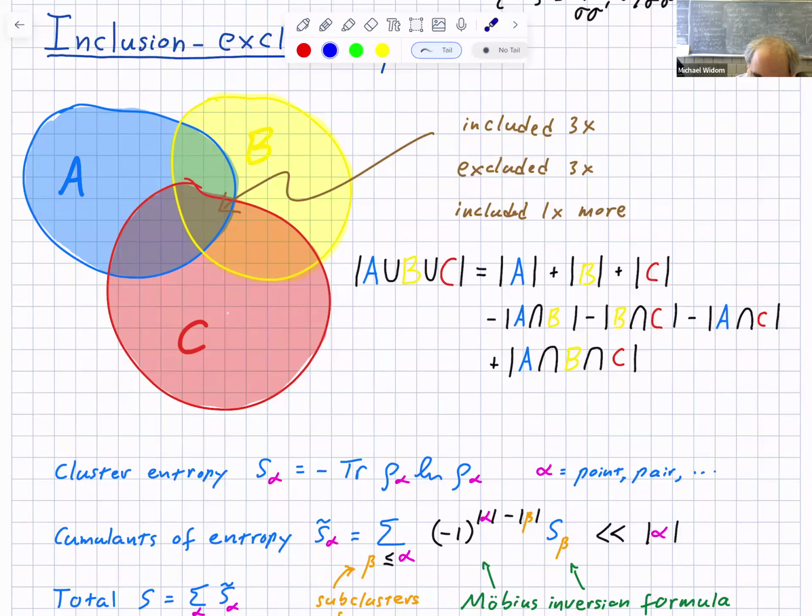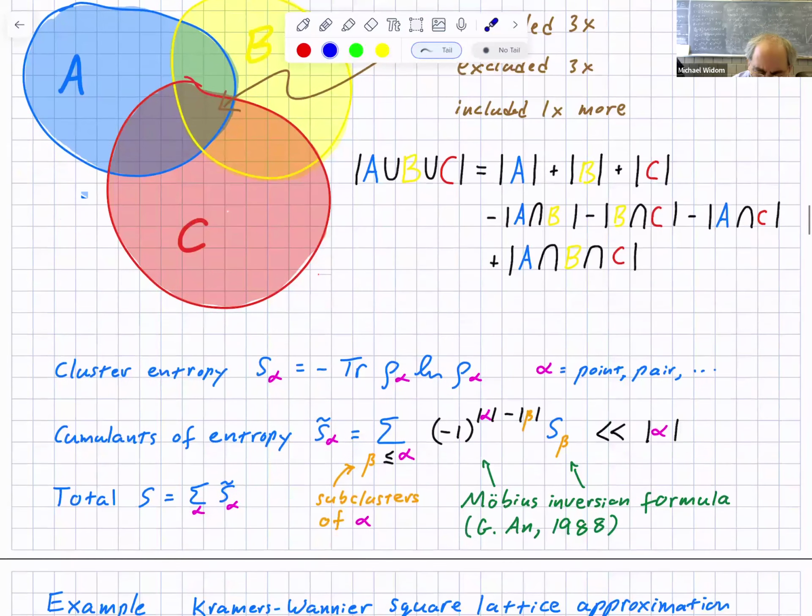So for instance, for a point, rho for a point is just the function x sigma, x plus, it has values x plus and x minus.